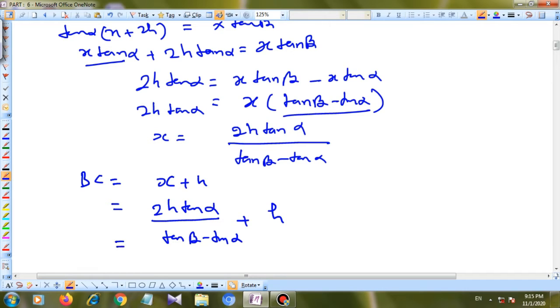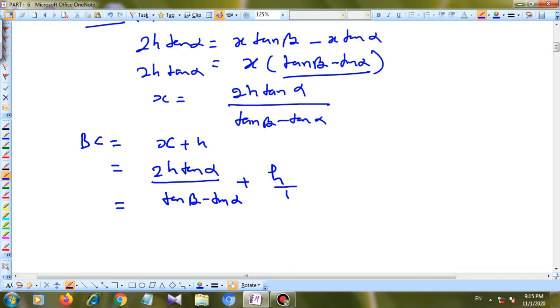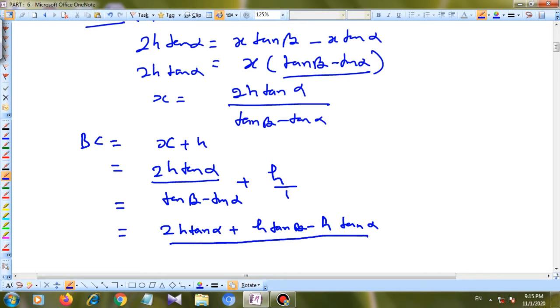Now taking LCM and solving, we will get twice h tan alpha plus h tan beta minus h tan alpha whole upon LCM, which is tan beta minus tan alpha.